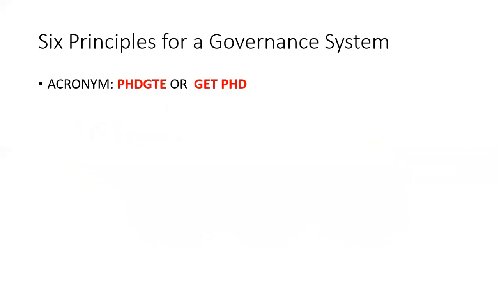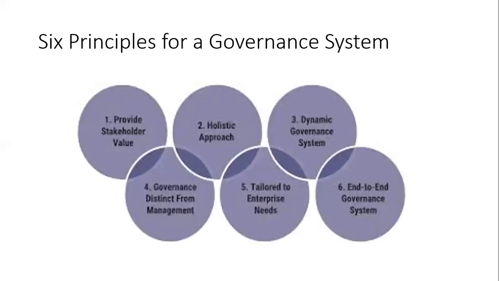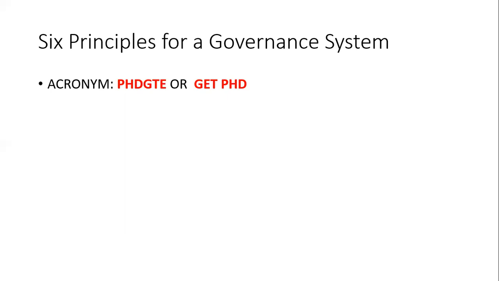I developed this acronym for you to be able to easily remember the 6 principles for a governance system: PHDGTE. If you look at the first letter of each of the principles: provides, P; holistic, H; dynamic, D; governance, G; tailored, T; end-to-end, E. So I came up with this PHDGTE.